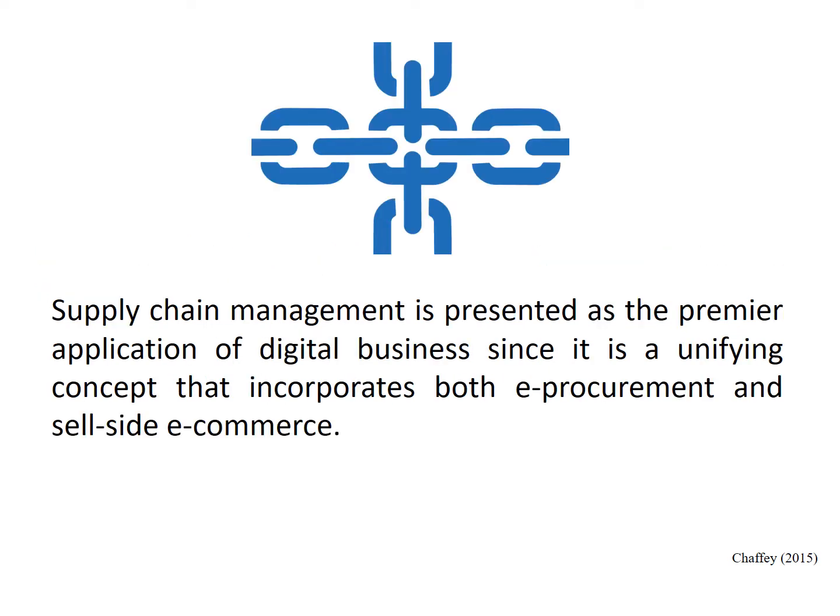Supply chain management is presented as the premier application of digital business, since it is a unifying concept that incorporates both e-procurement and the sales side of e-commerce. So how do we get these goods?